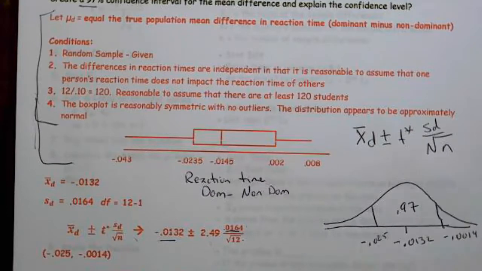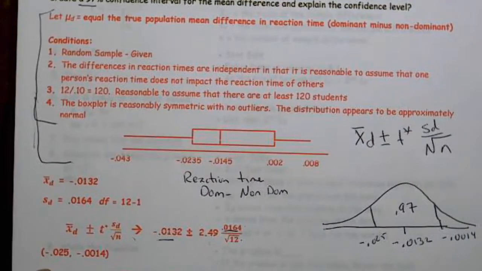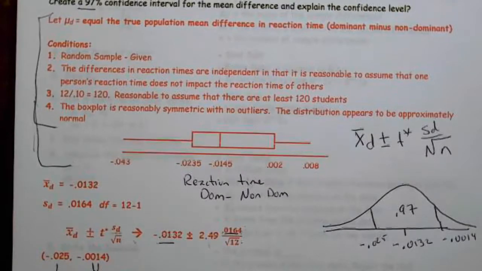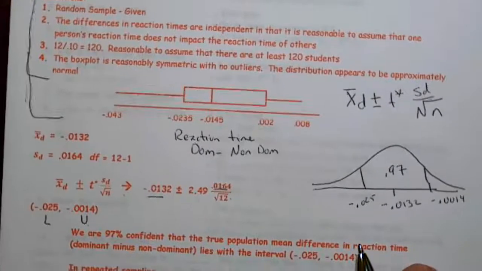We end up with a lower bound of negative 0.025 and an upper bound of negative 0.0014. Now, what that means is any value within here is a plausible value, including the lower bound and upper bound. Anything outside of it is not plausible.